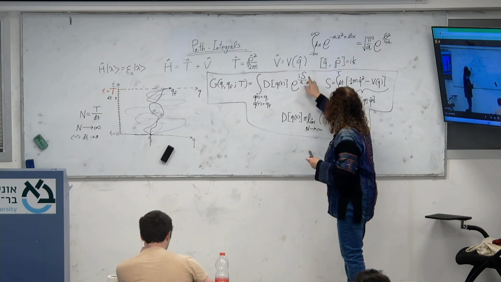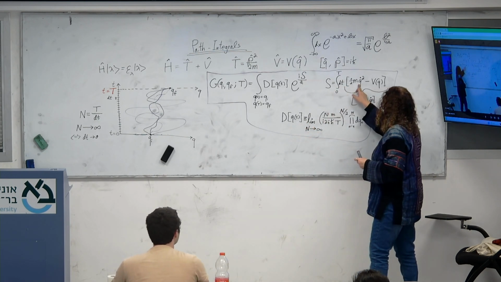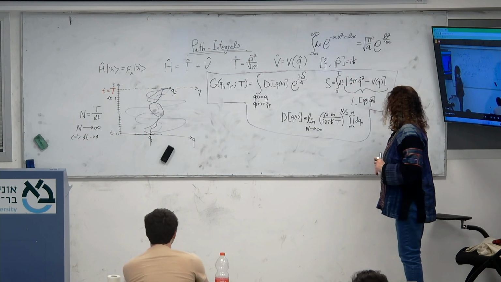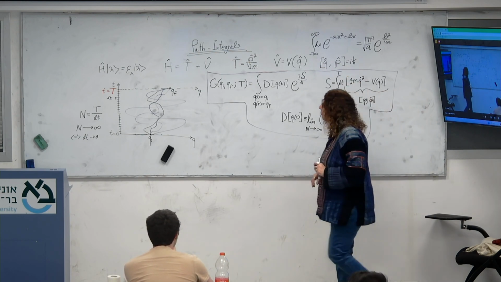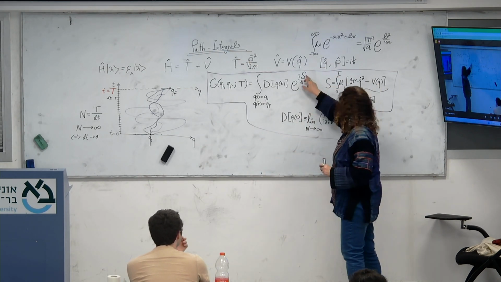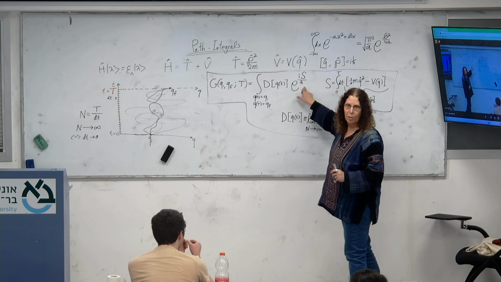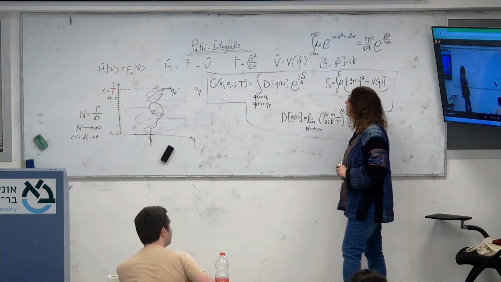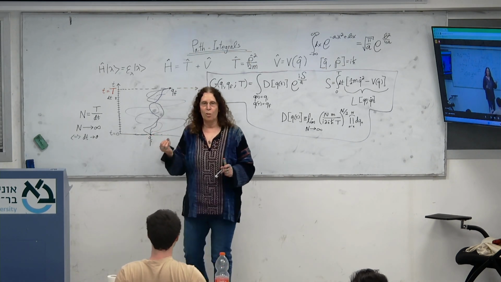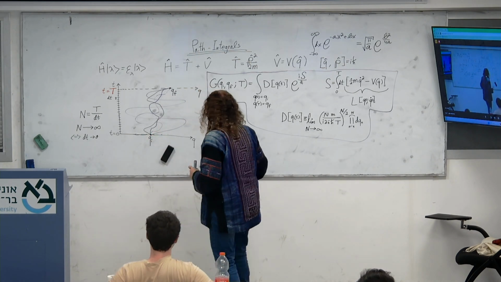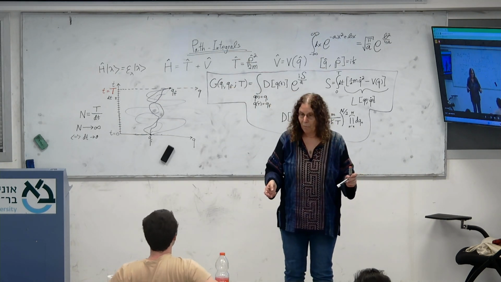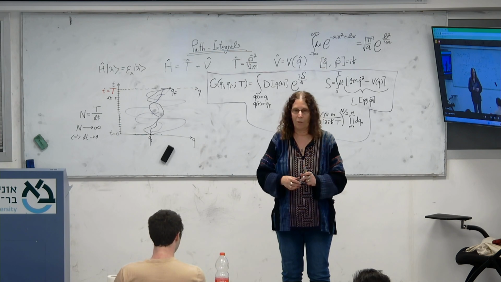So the action will give us, for each trajectory, something else, and whatever its value is, divided by h bar. Okay, you see that now this gives a dimensionless thing. So it will give us some weight for each trajectory. The final result can be thought of as an interference between all possible trajectories.